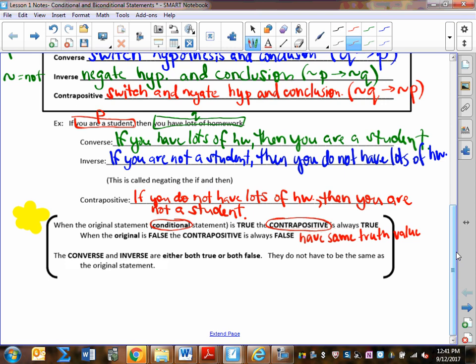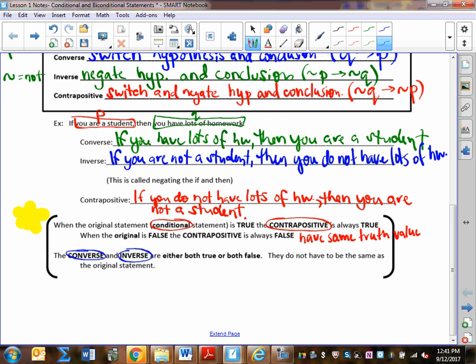Now, interestingly, the converse and inverse work together that way as well. The converse and inverse are either both true or both false. So if the converse is true, the inverse is true. If the inverse is false, the converse is false.